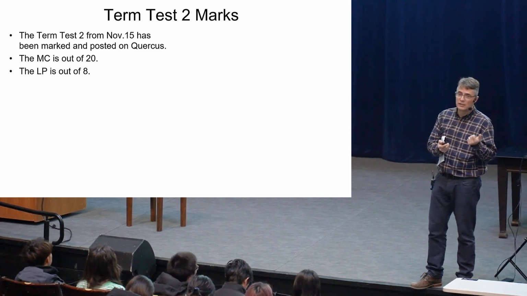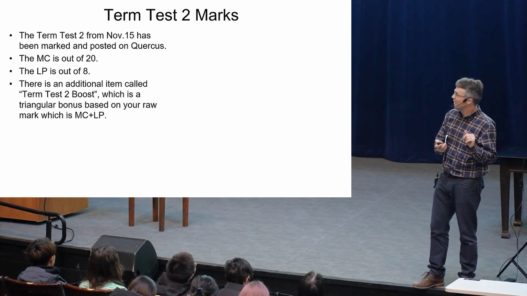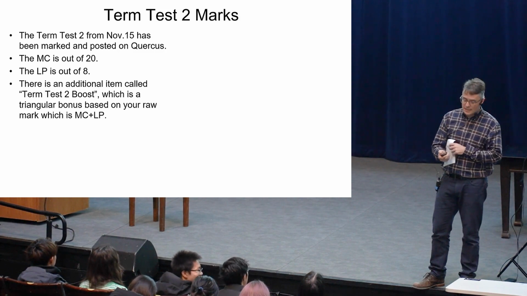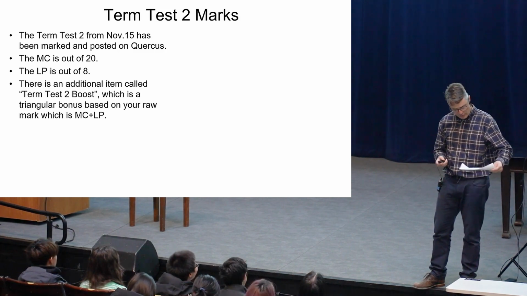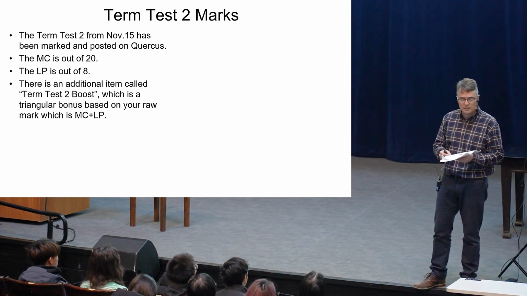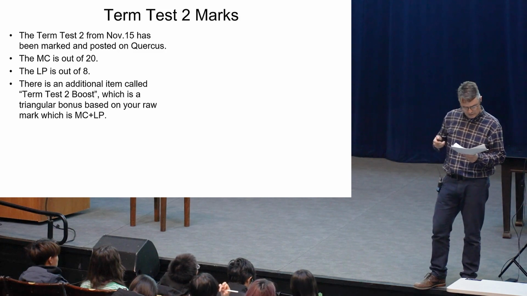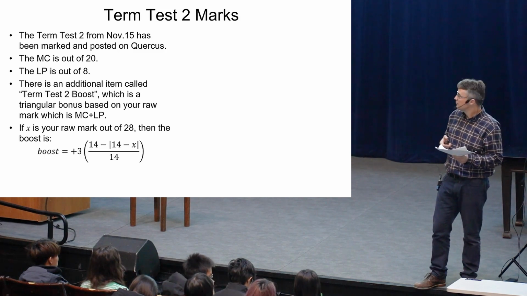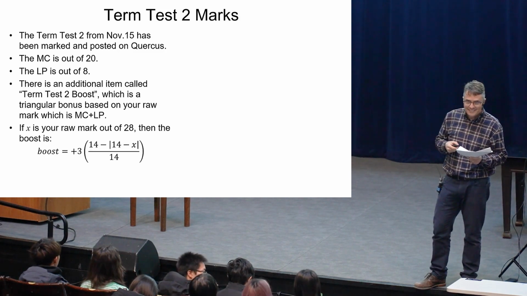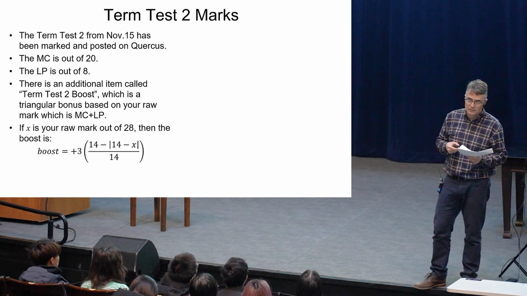The long answer is out of 8, but then there's another number which is confusing, called term test 2 boost. It's a bonus mark, so it doesn't increase the denominator. The denominator is still 28, but the boost adds to the multiple choice and the long answer. X is your raw mark out of 28.